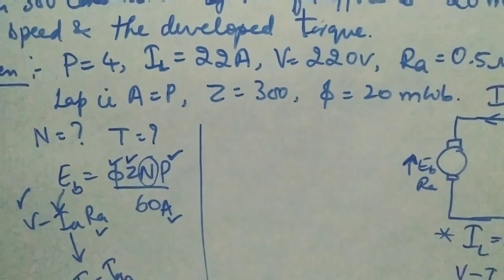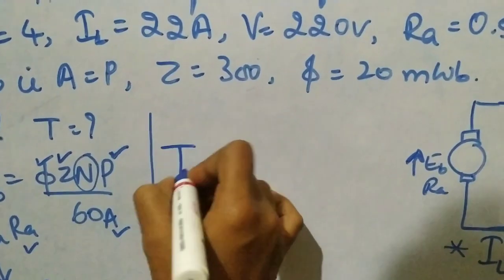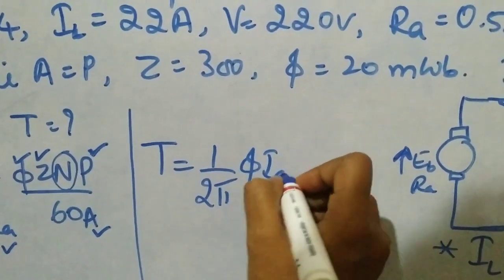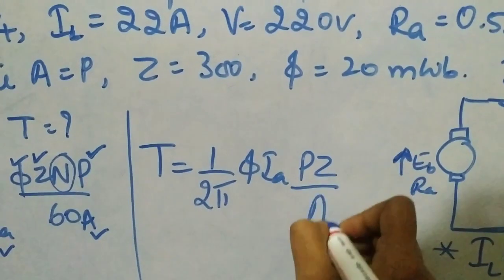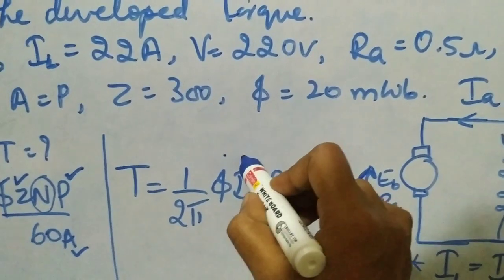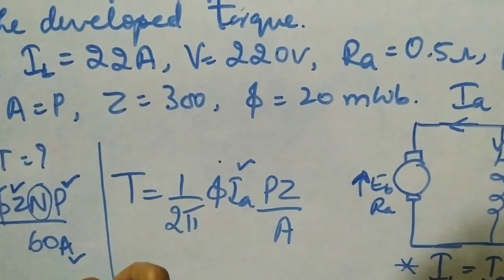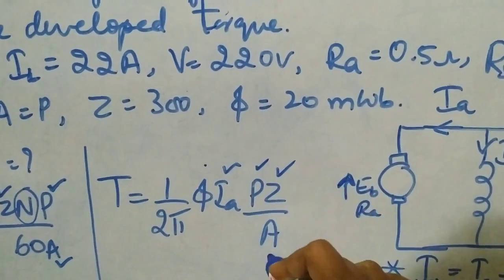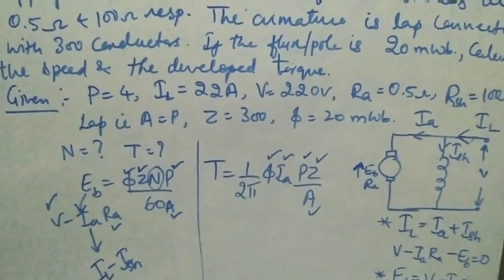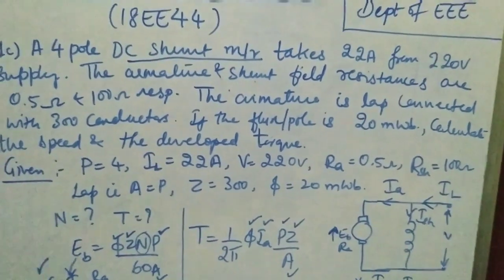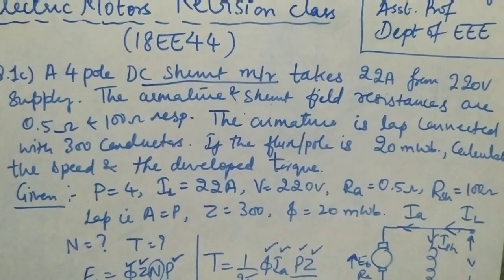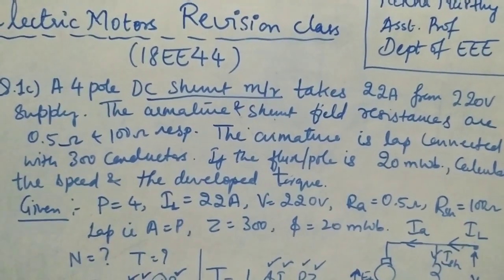Next, coming to the torque. The torque equation we just went through: 1 divided by 2 pi into phi into Ia into PZ divided by A, wherein the parameters are already given. Ia is solved in the first part of the question. P is given, Z is given, A is given, phi is given. So you can check this answer. When I solved, the speed I got was around 2101 RPM.